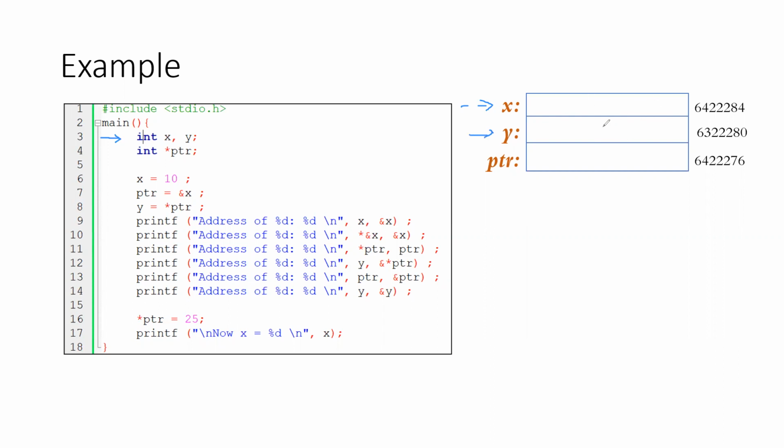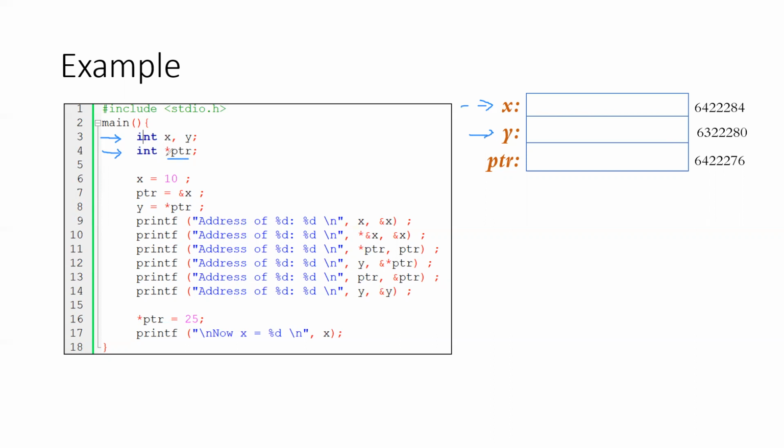These memory locations are mapped to a certain address, and these addresses are represented by integers. x's address is 642284, and y's address is 642280.